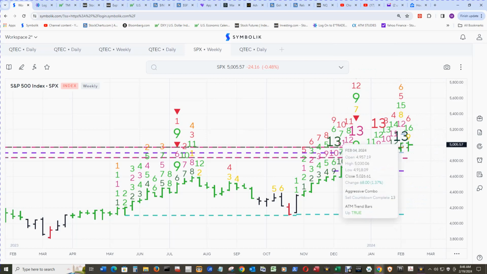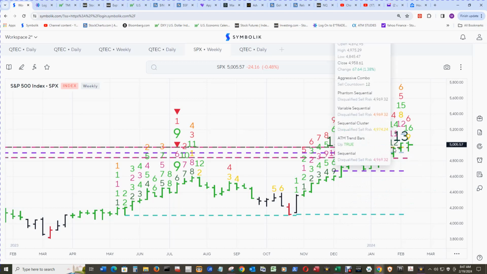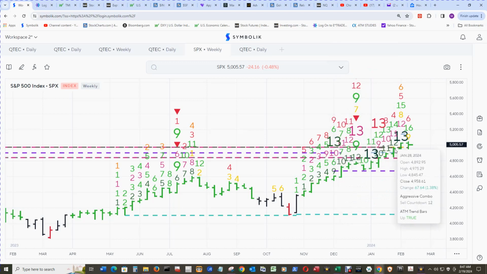So that means for that next week, after this coming week, if we get to 17, then an 18 will print, and it needs to stay above this close, 4958.61. So this is the critical level to watch.